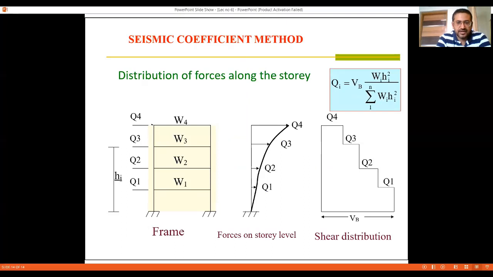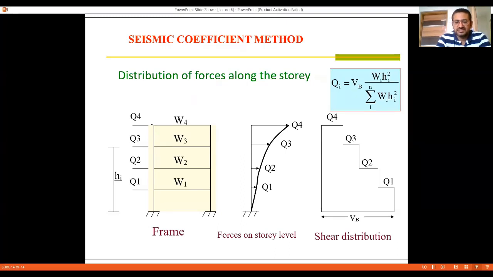Once you have these values, one example is given here. If you have a G plus 3 building, then the typical frame of the building is going to look like this, and the distribution of forces at the story levels is indicated here. On the right hand side, the base shear diagram, the distribution of the base shear, is also shown.